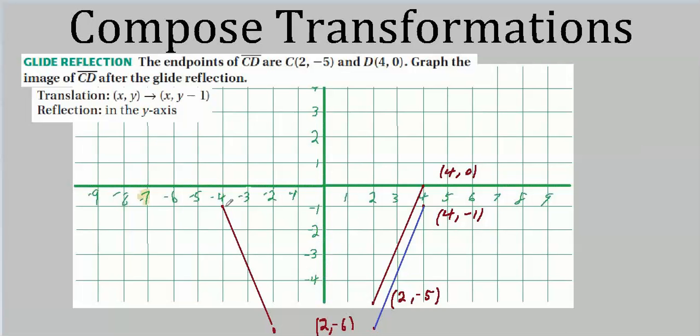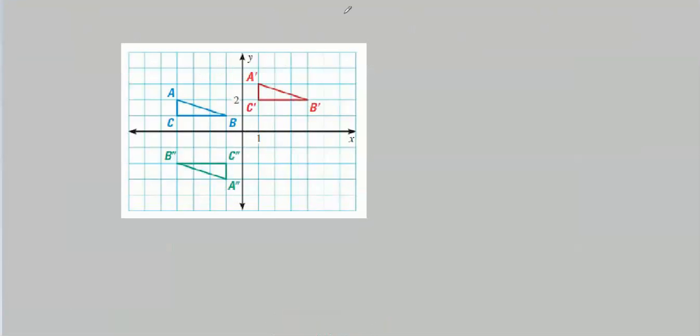So this is the result of our composition. Performed 2 transformations and wound up here. Well, with this, our mission is to figure out what composition of transformations. You could probably call them a combination of transformations also, I suppose.